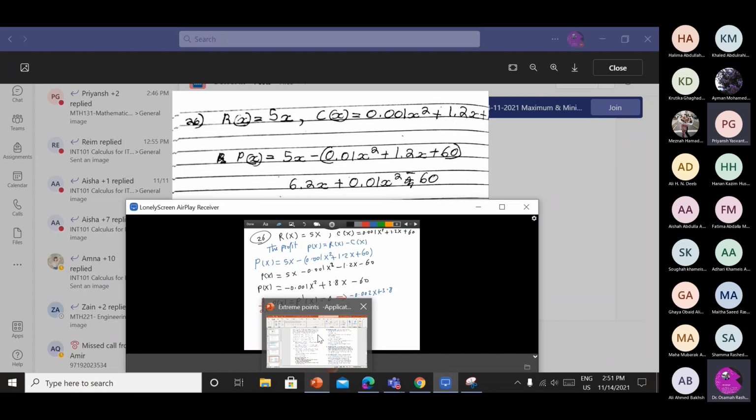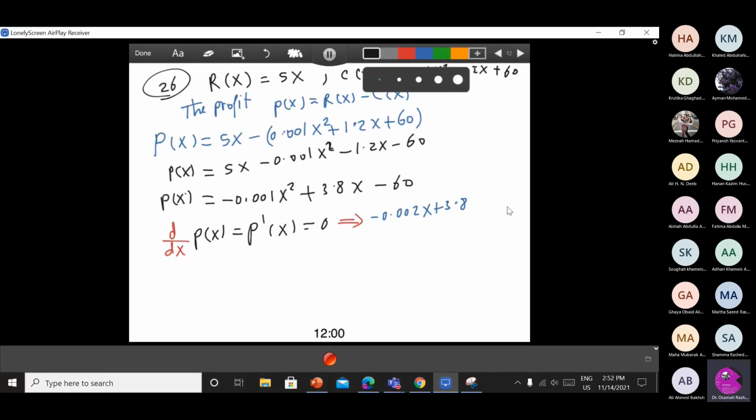Could you move the arrow? Sorry? The arrow. Okay, so this is the derivative. You put it equal to 0. You move this one to the other side, so you have minus 0.002x equal to minus 3.8.